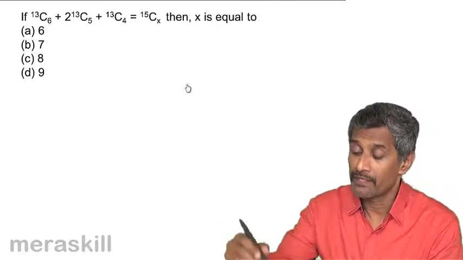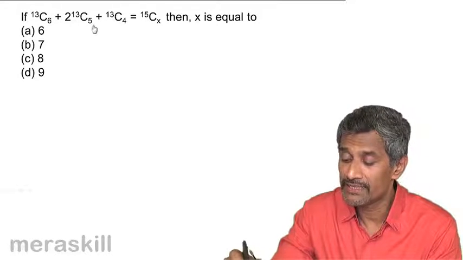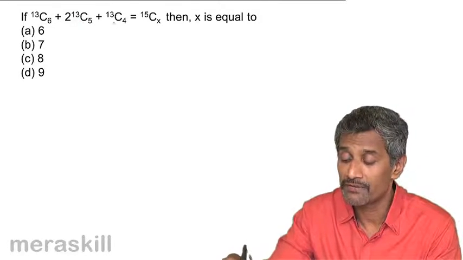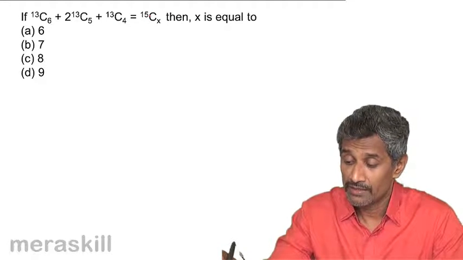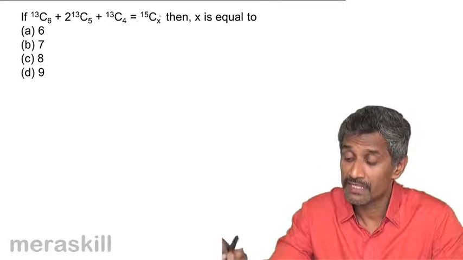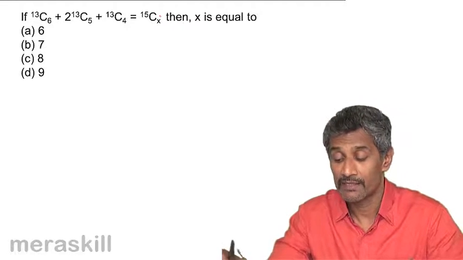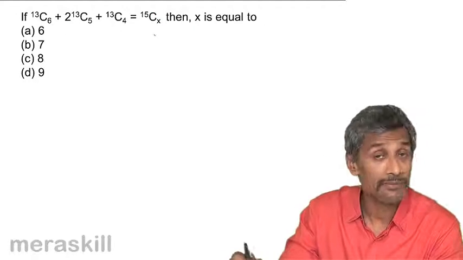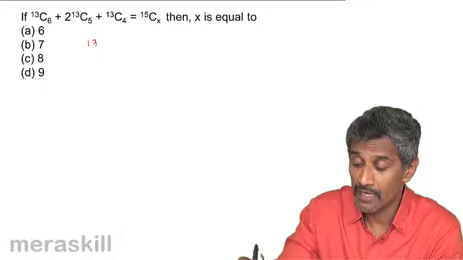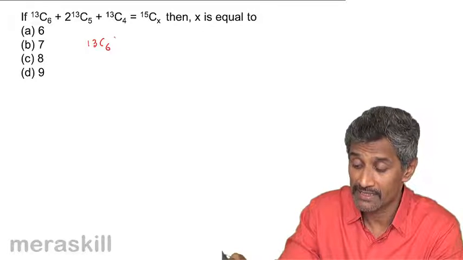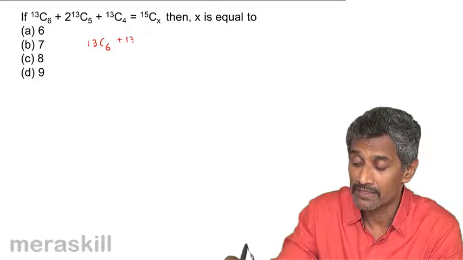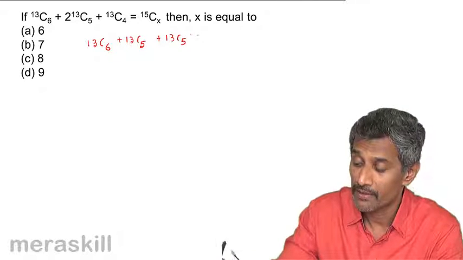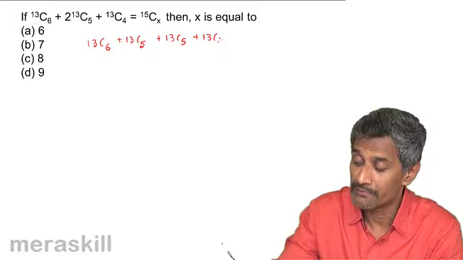Okay. Now here you have 13C6 plus 2 times 13C5 plus 13C4 is nothing but 15Cx. Now, there are various ways of doing. Among these, I would suggest this: 13C6 we have, 2 times 13C5 can be written as 13C5 and one more 13C5, plus 13C4.